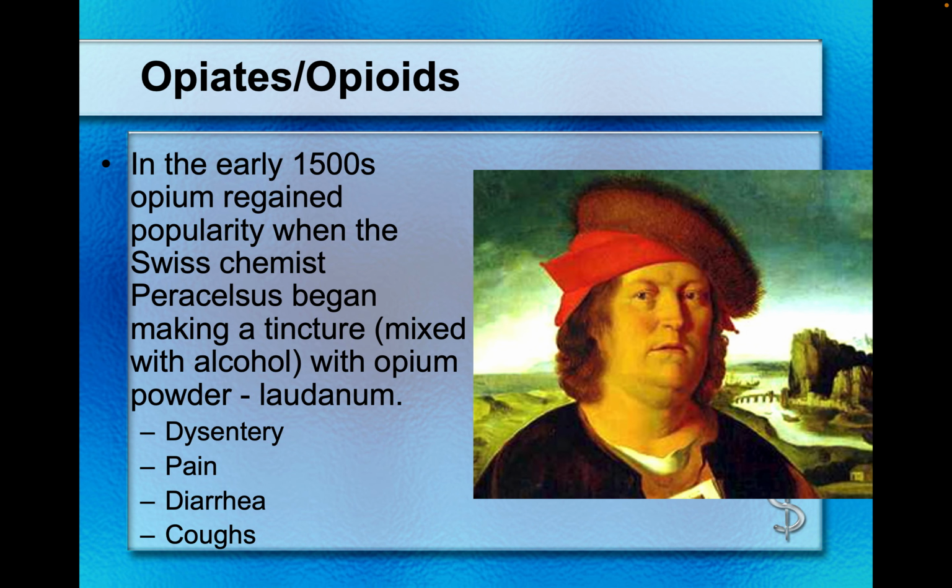In the early 1500s, opium regained popularity when the Swiss chemist Paracelsus began making a tincture. Anything that's a tincture is mixed with alcohol, in this case with opium powder, and he created a drug called laudanum. He used it to treat dysentery, pain, diarrhea, and coughs.